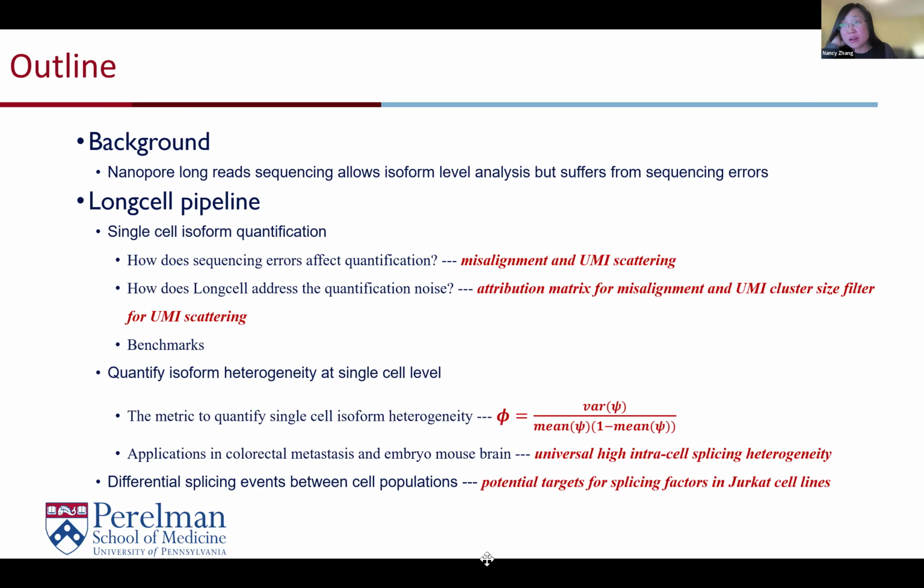And also it depends on what your goal is, like if you want to look at intra-cell heterogeneity, right? So whether two isoforms are spliced within the same cell. That's much harder. That has higher demands on the depth, because you want to have at least two reads for that isoform within the cell.